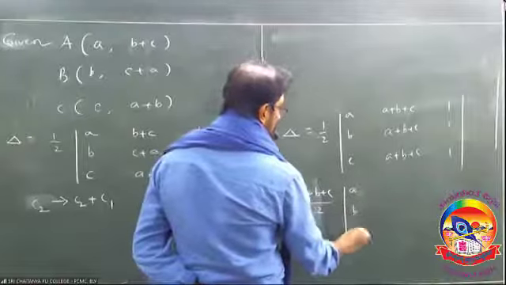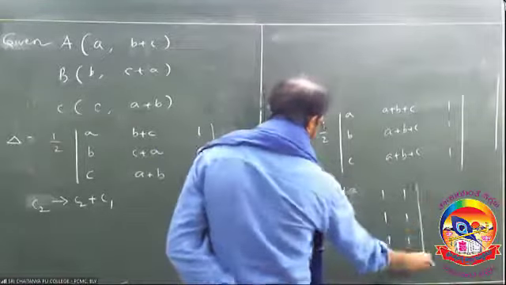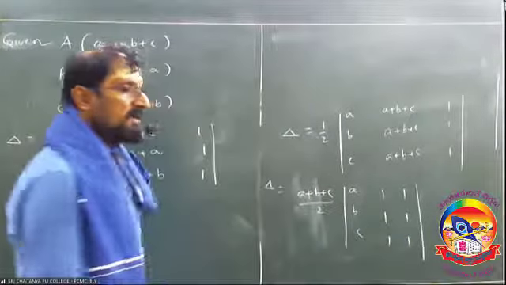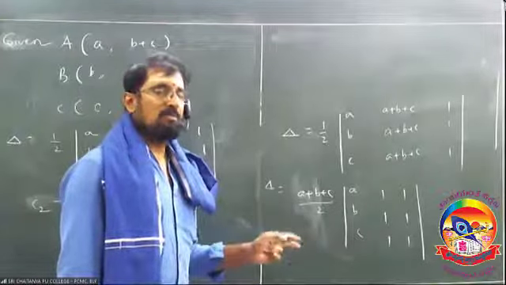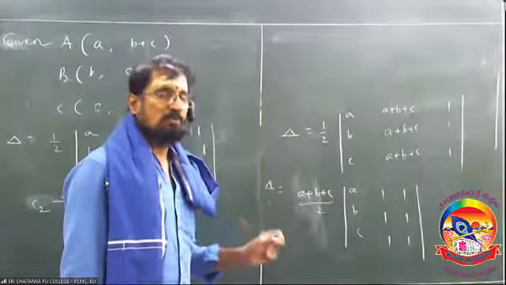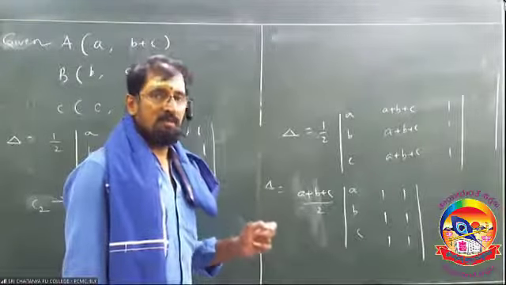A, B, C is the first column. Second column is also 1, 1, 1. Third column is also 1, 1, 1. Now what is the property? In a determinant, if any two columns or any two rows are identical, then the value of the determinant is 0.